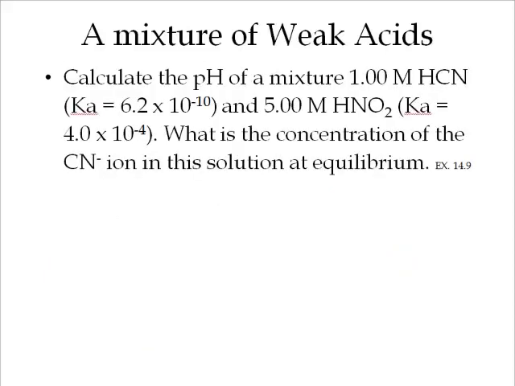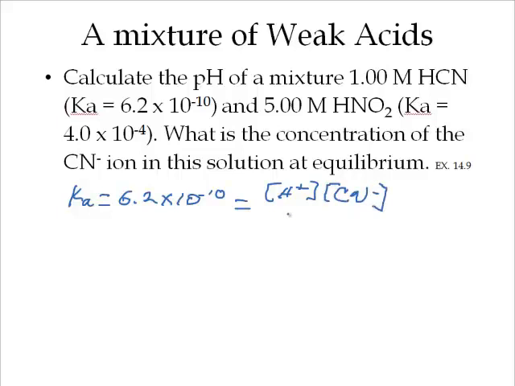All right, the first thing I'm going to do to approach this problem is write out my equilibrium expression. So I've got my Ka, 6.2 times 10 to the negative 10, and that's going to equal H plus times CN minus, all over the concentration of HCN.